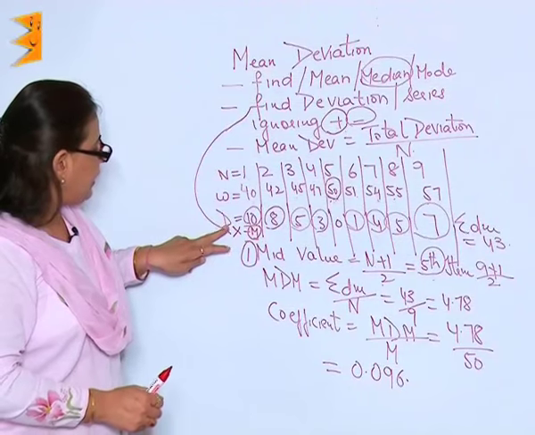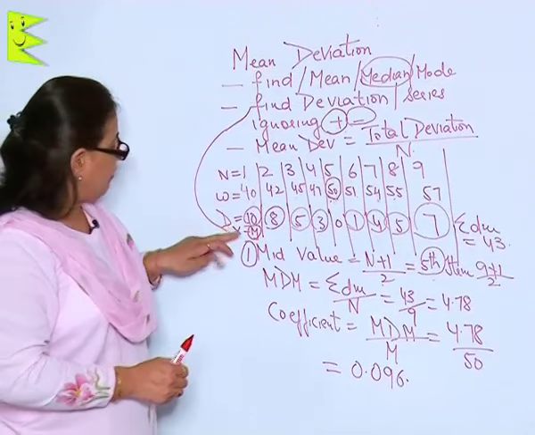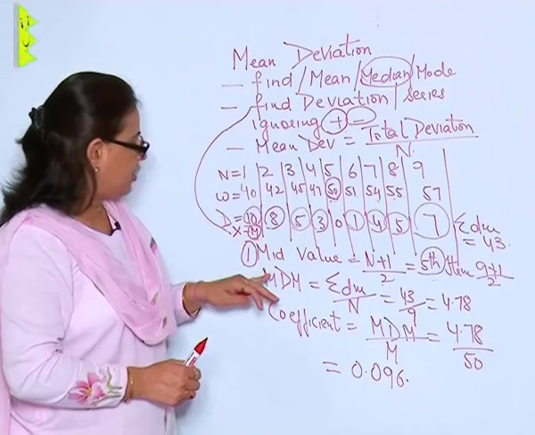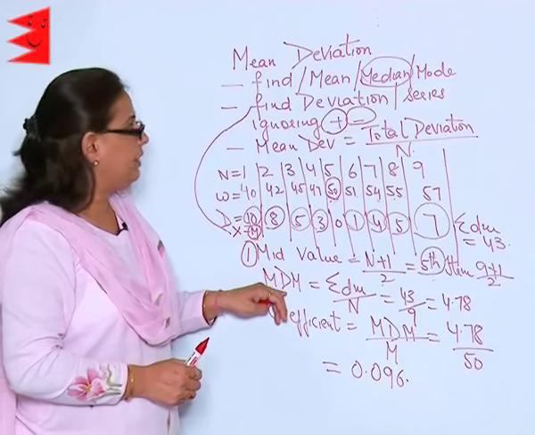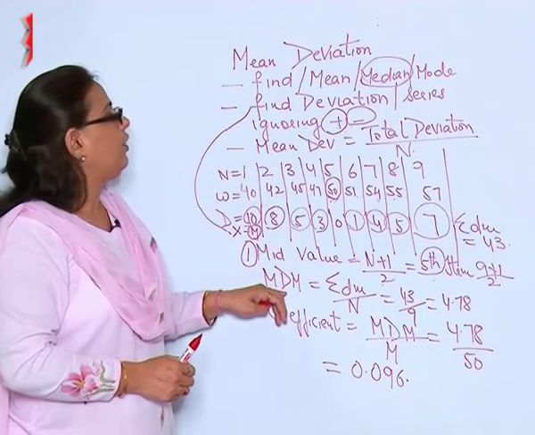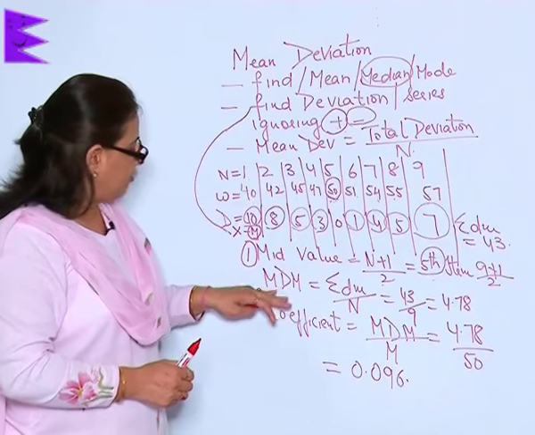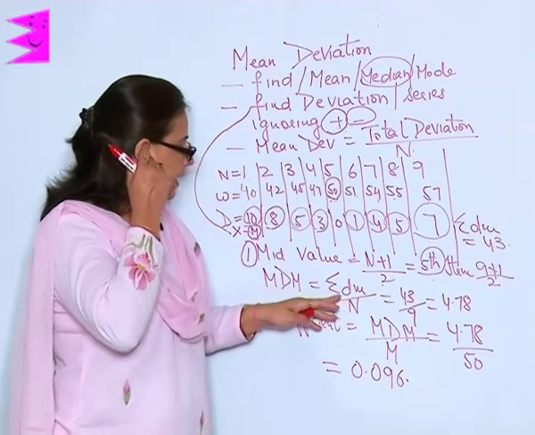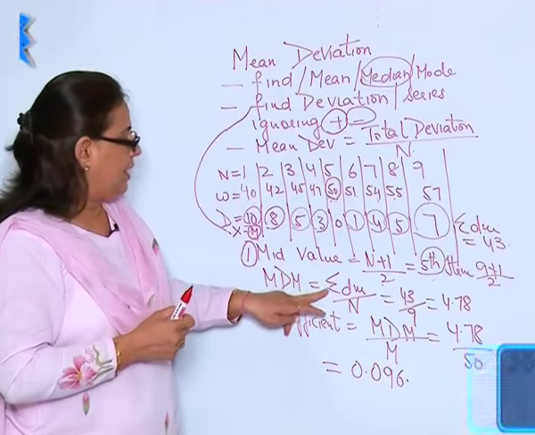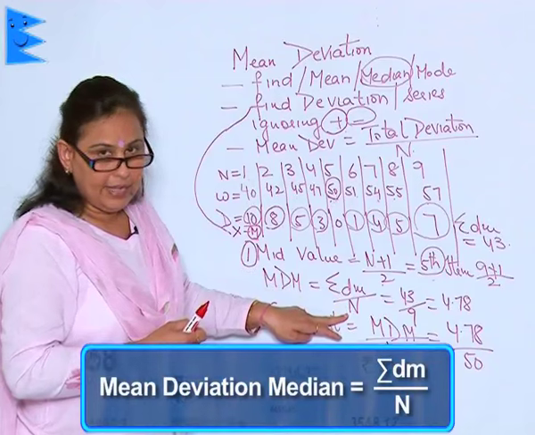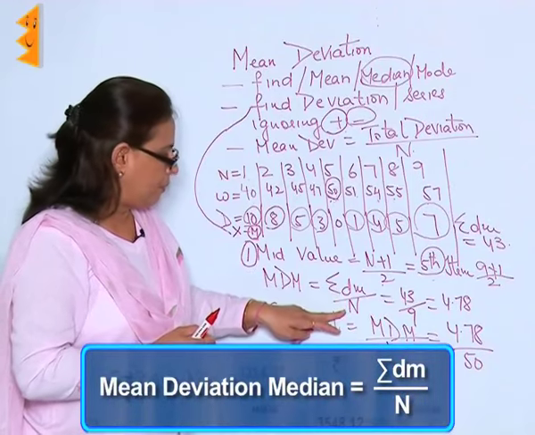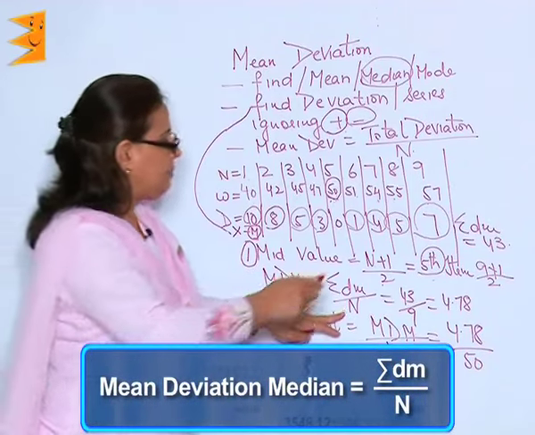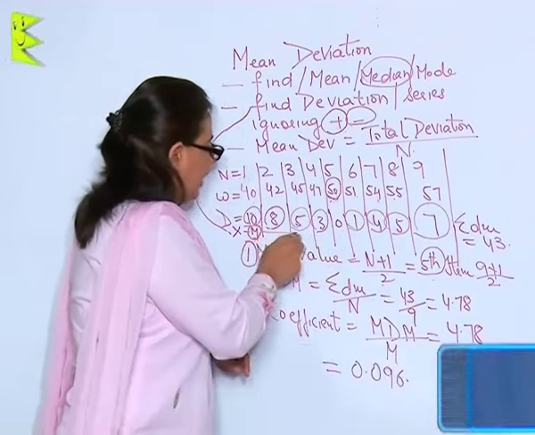I have calculated the deviation, and when I have calculated the deviation, I shall find out the mean deviation through the median. So finding out the mean deviation median, the formula is here that we have the sigma DM upon n, and the sigma DM means calculating this.